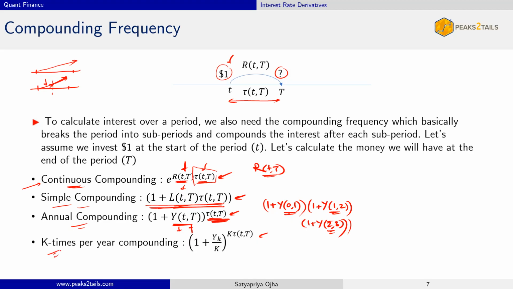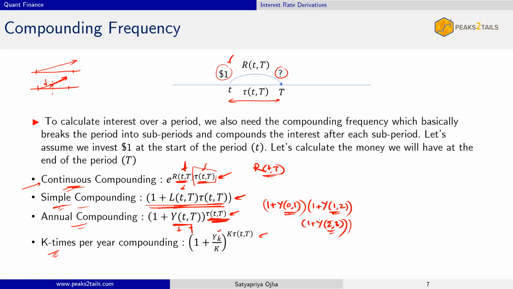And you can do even faster compounding, somewhere between simple compounding and continuous compounding, K times per year. So it can be quarterly compounding or semi-annual compounding. If it is K times per year, you break the year into K sub periods and then do the compounding.